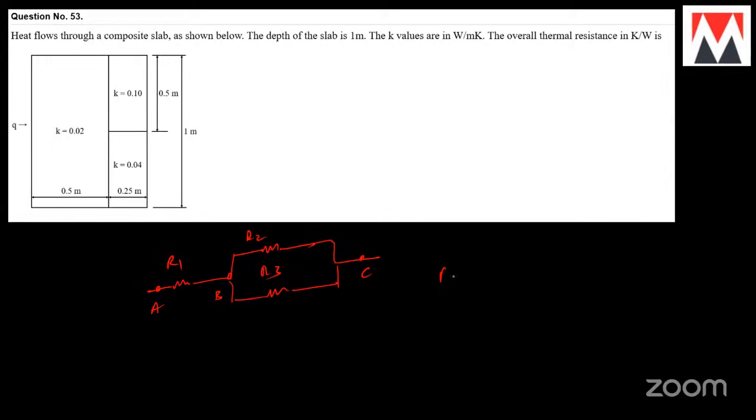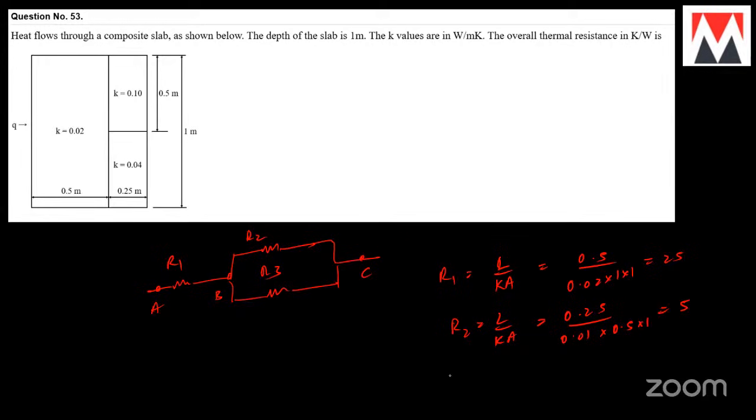So R1 equal to L by KA. R is nothing but L by KA here. It is 0.5 by 0.02 into 1 into 1. It is 25. So for R2 it is again L by KA. It is 0.25 by 0.01 into 0.5 into 1. So it is 5 kilowatts. R3 is equal to L by KA again. You get 0.25, this width is 0.25.